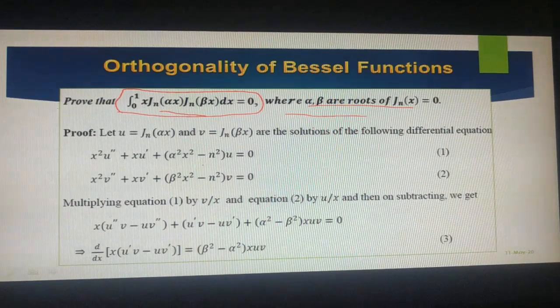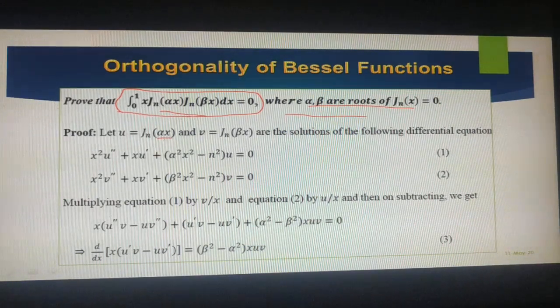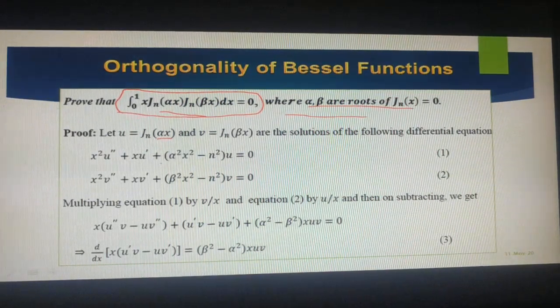If you remember the Bessel differential equation, what is it? x square d square y by dx square plus x dy by dx plus (x square minus n square) y is equal to 0, isn't it? So that is your Bessel differential equation. In place of x square, I have to substitute alpha square x square.